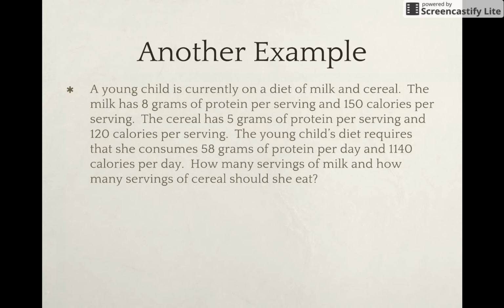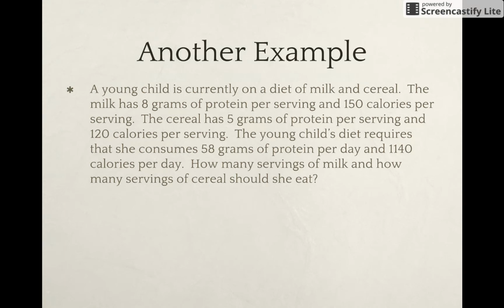And in this case, that is milk and cereal. That's what we're working with combinations of. But we're wanting to satisfy the number of grams of protein and the number of calories. That can be very helpful when we go to write equations, if we've done a little groundwork of playing with the numbers first.